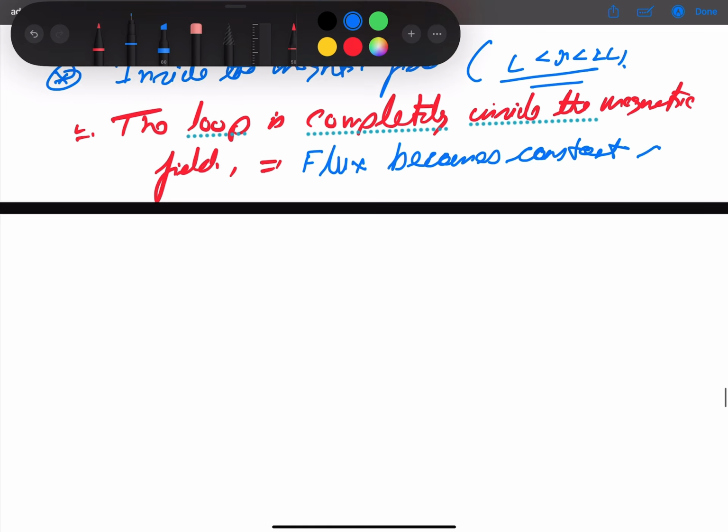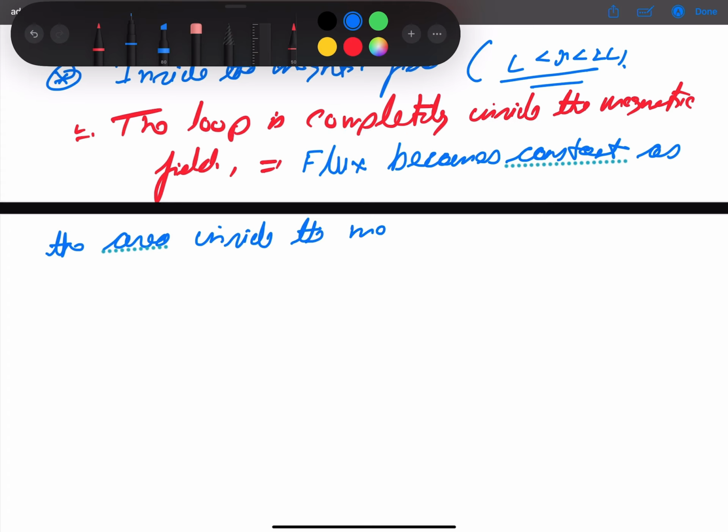because the area inside the magnetic field no longer changes.